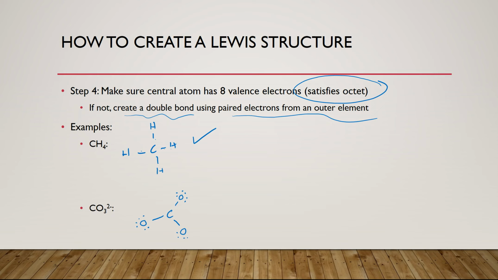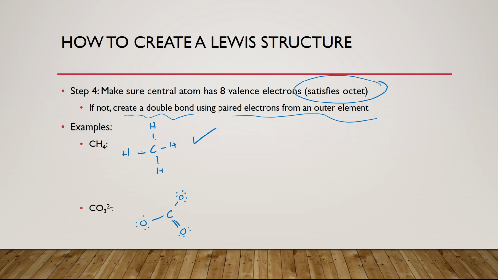And rather than putting 2 dots, I'm going to draw a second bond there. And so what that's going to show is that one of my oxygens creates a double bond with my central atom, while the others are only a single bond. And again, it wouldn't matter which oxygen I chose in this case. We're going to talk about what actually occurs with what are called resonance structures later.